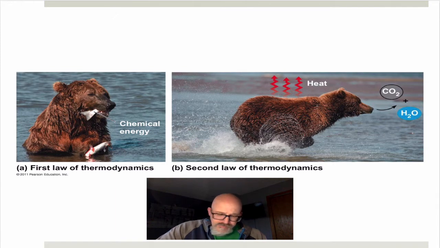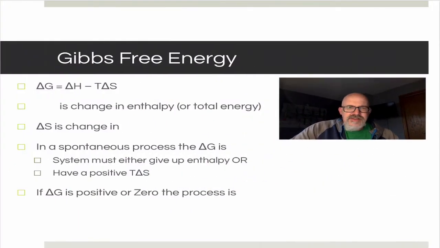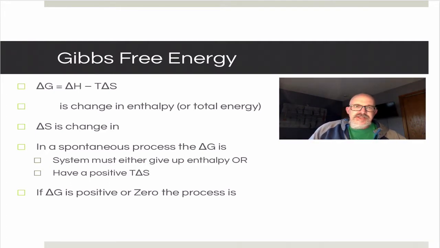It's a little heady to look at, but the idea of free energy is mathematically proven in this thing called Gibbs free energy. Now, this is a formula that you do not have to use. They took this out of the AP curriculum in terms of using the formula, but you still need to understand the concept of what Gibbs free energy says. Basically, it is a way of calculating the amount of free energy in a system.